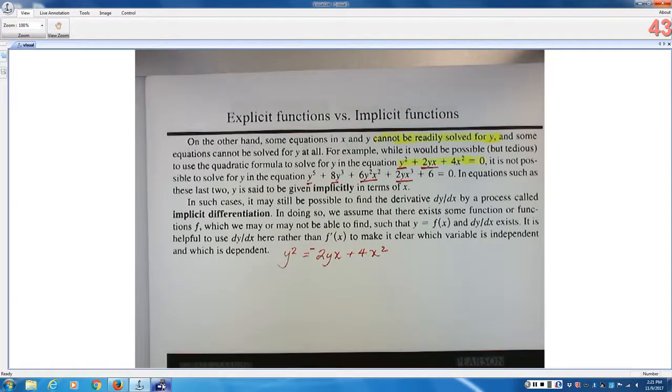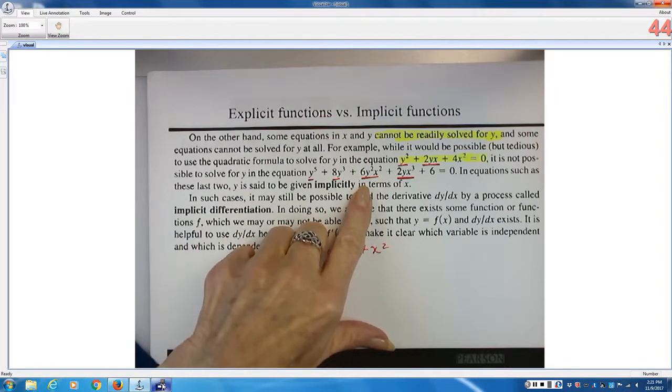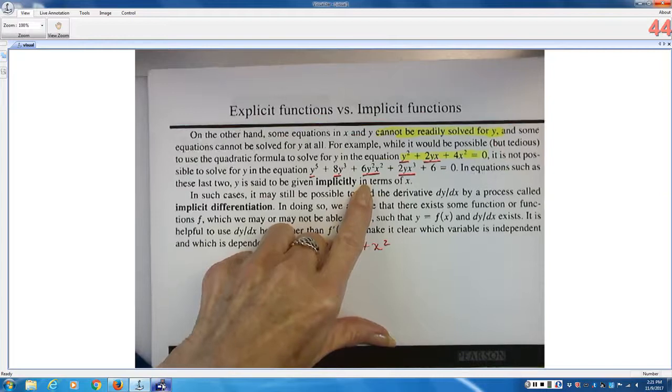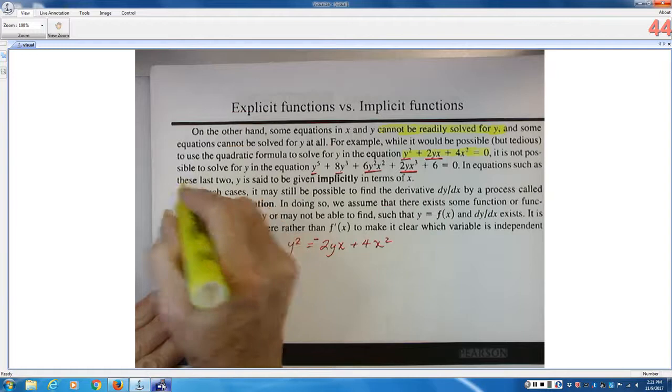So you can't solve that equation for y, which means taking its derivative, since we have to have an explicit function to take a derivative, we can't take the derivative quite as straightforwardly as we could otherwise. Now we can still take it, but it requires a little bit of algebraic manipulation. So what we're going to do is something called implicit differentiation.